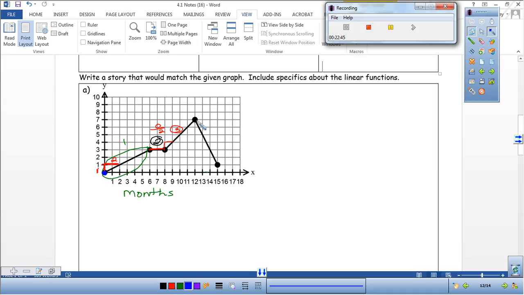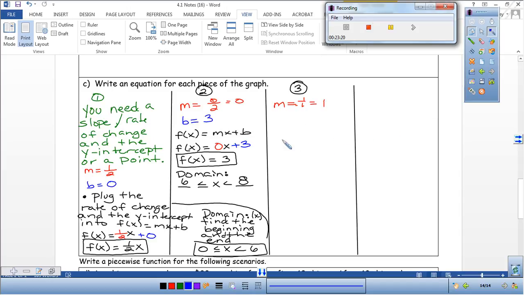The best point to use is usually the beginning point or the end point. One of those 2 points. I usually use the beginning point because they're usually smaller numbers. So 8 for x and then 3 for y. So I'm going to use this point since we don't have the y-intercept.